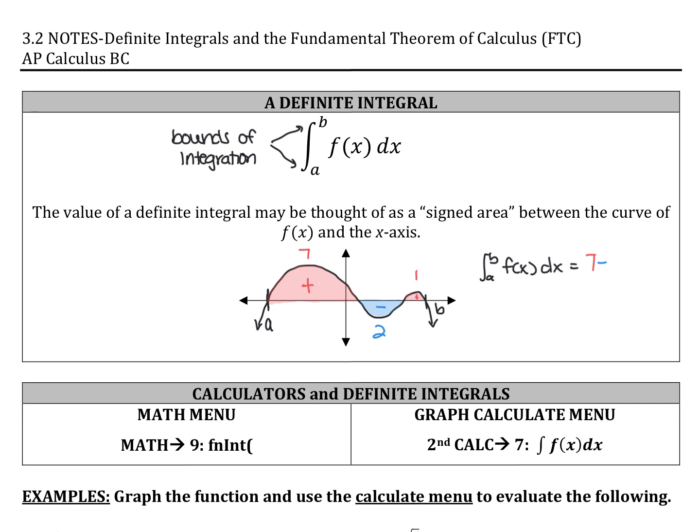Oh, wow, that's not a 3. That's a 2. 7 minus 2, and then plus 1. And so if we add those together, 7 minus 2 is 5, plus 1 is 6. So this net signed area here would be 6. Okay, so that is what a definite integral is. It's the area under the curve.